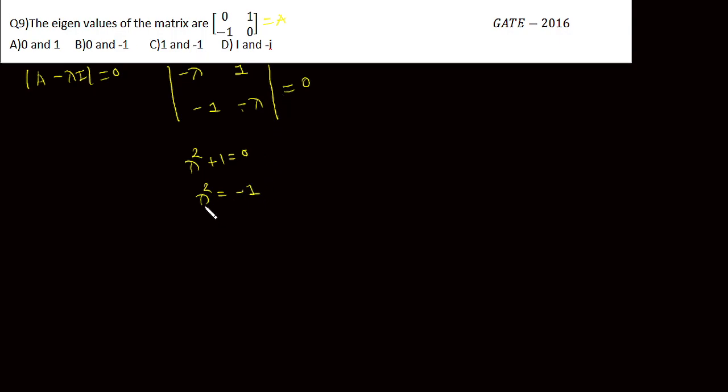Because the square is negative, we get an imaginary value, which is nothing but plus or minus i. So we can say that lambda 1 equals plus i and lambda 2 will be minus i. So we have got the values in the form of i and minus i, where i is the imaginary part. So we can say option D is the correct answer.